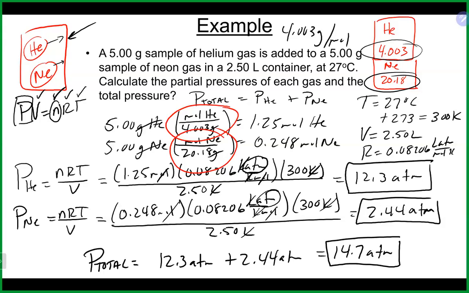So it has a much higher velocity, which means it's flying around a lot faster than the heavier moving neon, which means it's going to create more collisions and more pressure. So that's why we see in this case that it's contributing more pressure than the heavier, slower moving neon. One's like 600 miles per hour, one's like 1800 miles per hour. That's how fast they're moving.